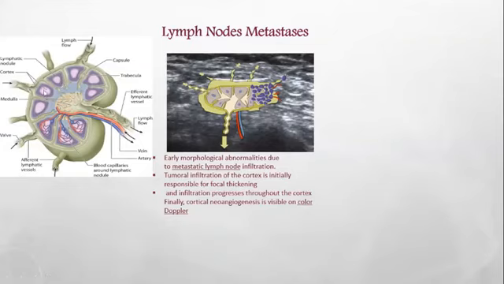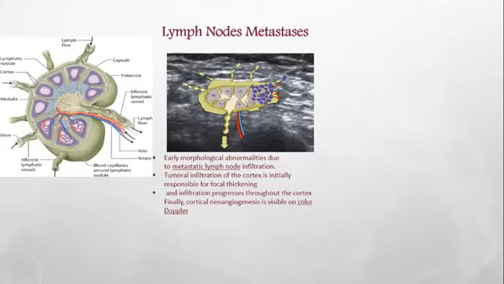Here within the cortex, these are the lymphoid follicles, getting deep into the deep cortex, then going deep until reaching the hilum and the central portion of the lymph node.